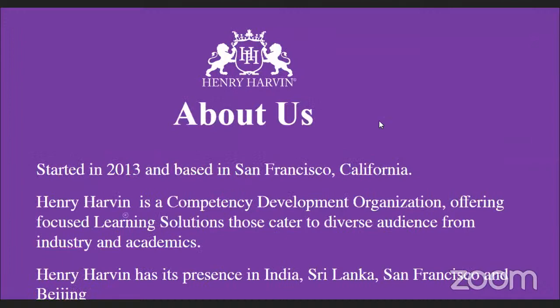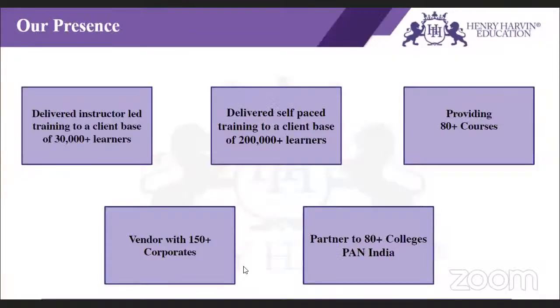Henry Harvin, though you may have looked at this before as well, if just in case you've looked at the website, it started in 2013 and it is a San Francisco based company. It has its presence in India, Sri Lanka, Beijing and California. We have approximately 30,000 clients and approximately 2 lakh plus learners.